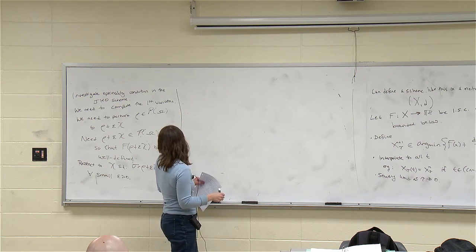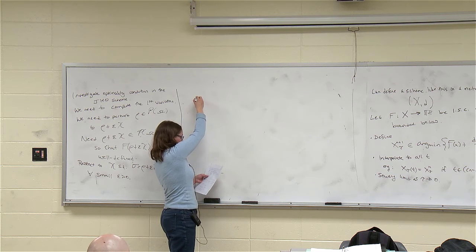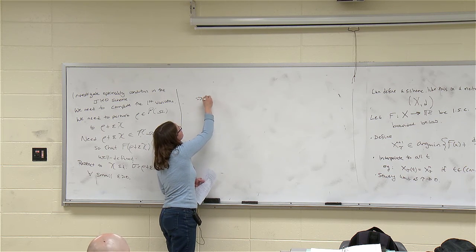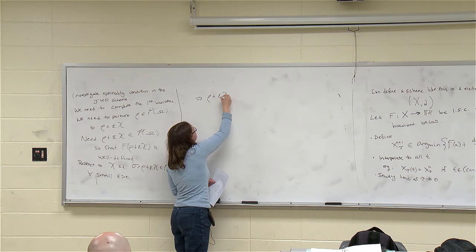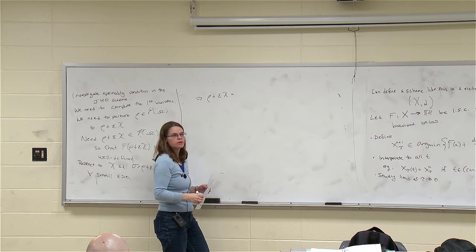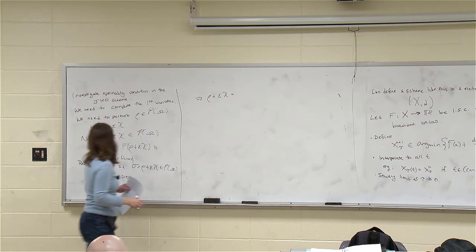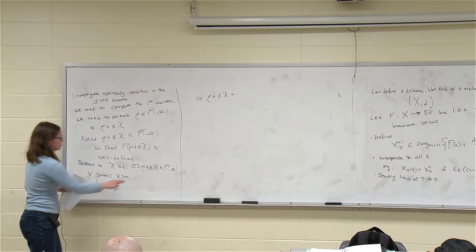In other words, what do I want? We're going to write rho plus epsilon chi as, okay, what is epsilon chi?